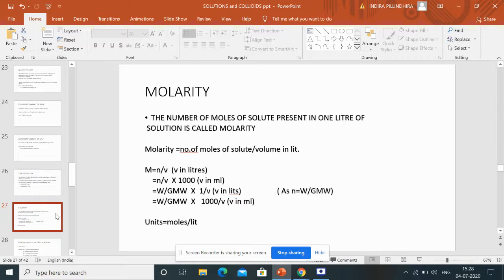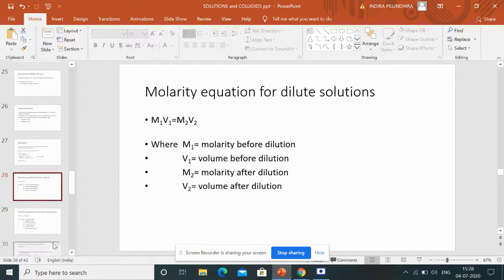And the units of the molarity are moles per liter. Okay. So this is about the molarity. Now there are different expressions for the molarity, for dilution and for neutralization. Now we will see what are those expressions, and then we move to the next slide.